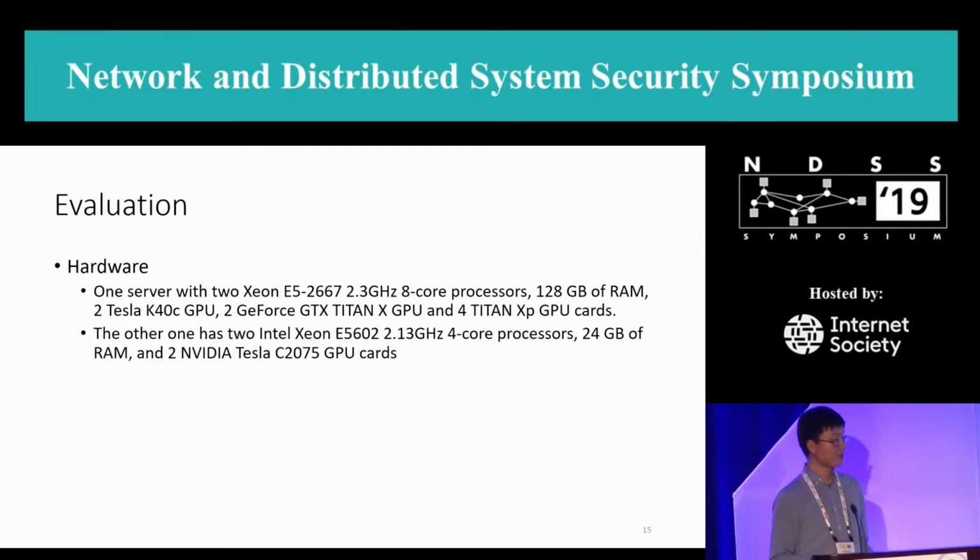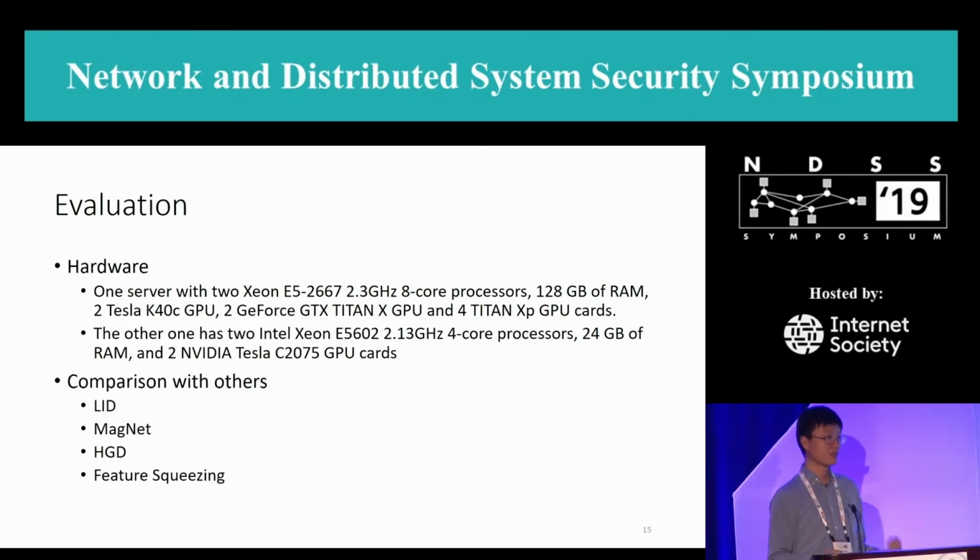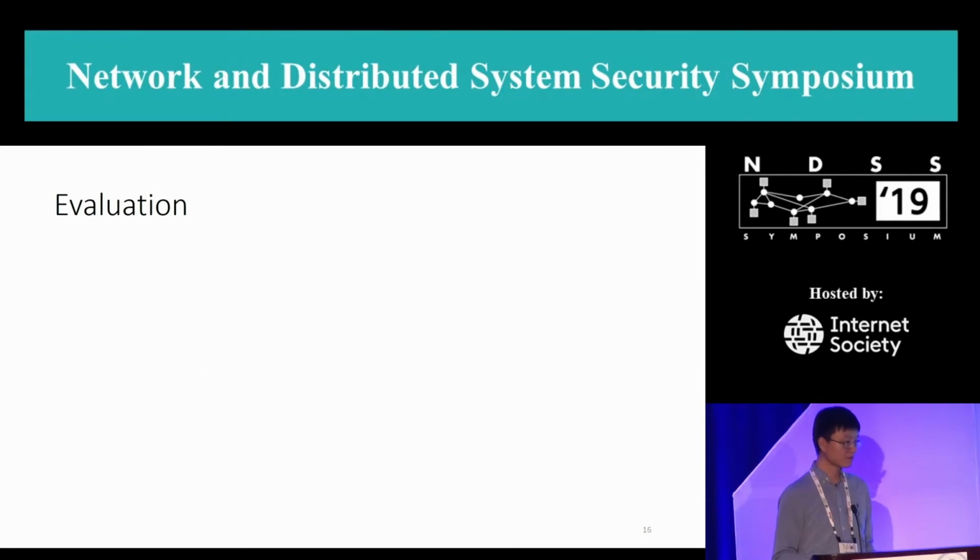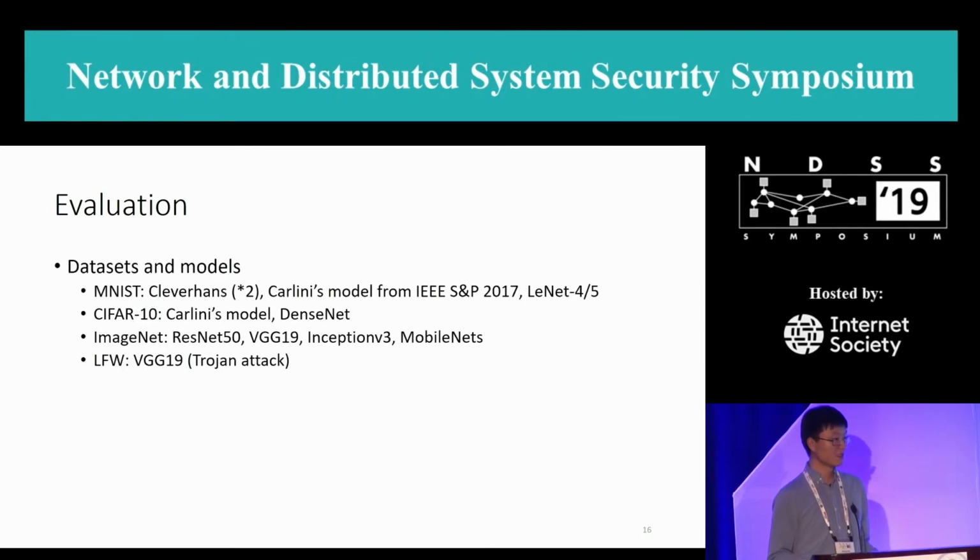For the hardware, we use 2 servers with a lot of memory and some GPU cards. As a comparison, we compared with aforementioned methods, including LID, HGD, and feature squeezing. For the datasets, we tested on MNIST, CIFAR10, ImageNet, and LFW.